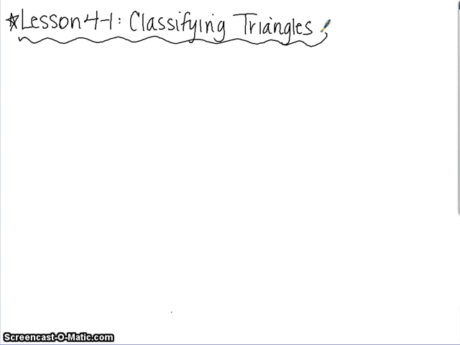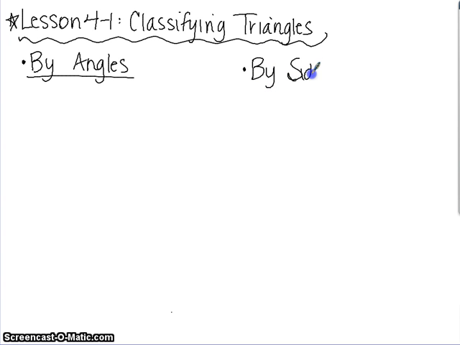Okay, so there are two different ways to classify triangles. The first is by the angles. The second way is by the sides. Okay? So let's first look at classifying triangles by their angles. The first triangle, according to its angles anyway, is an acute triangle.